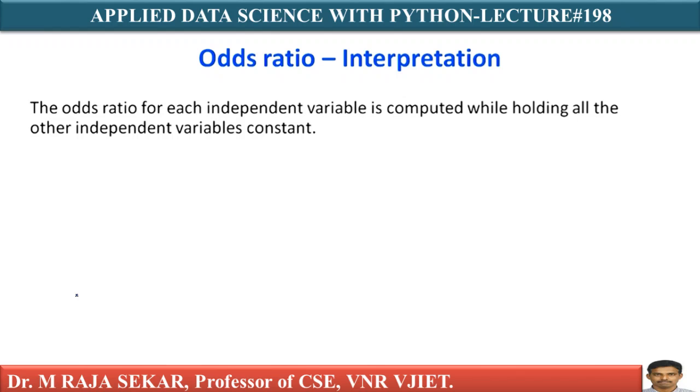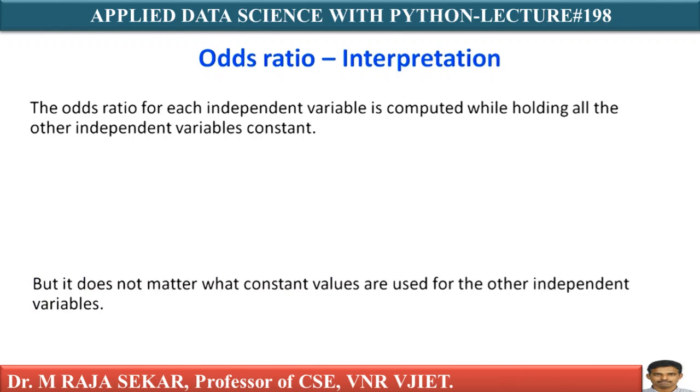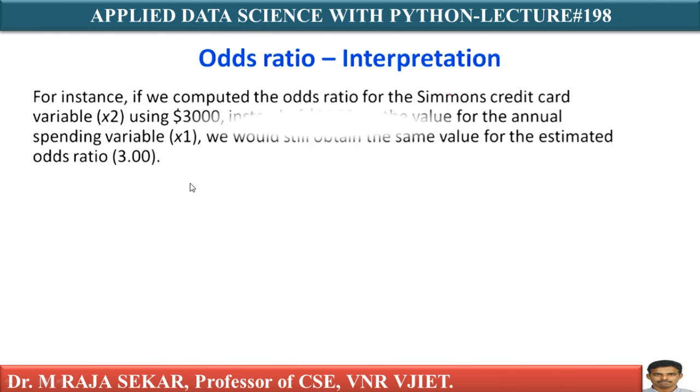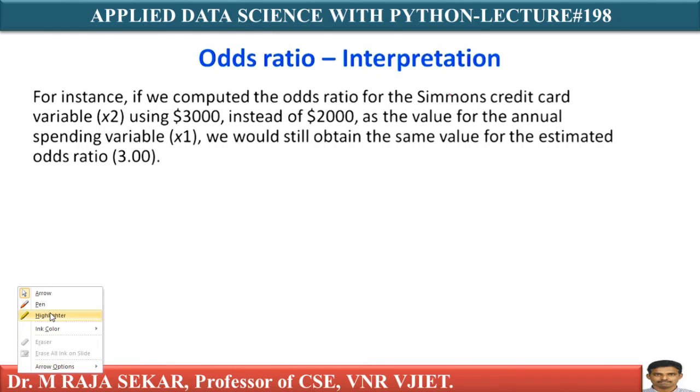In next class or future classes, I will calculate odds ratio for the other independent variable, that is the spending amount. But it does not matter what constant values are used for other independent variables.